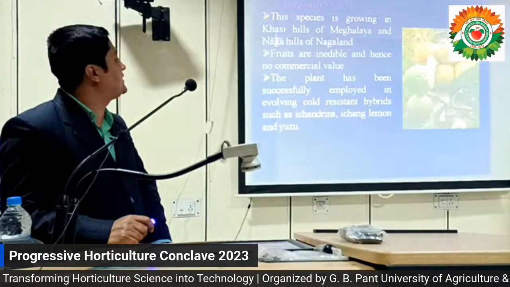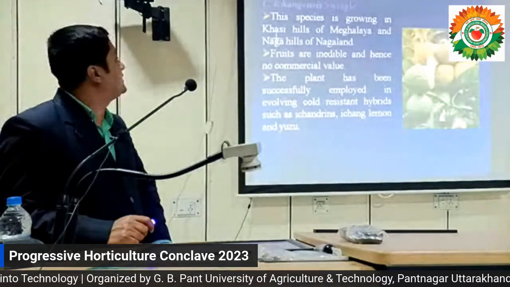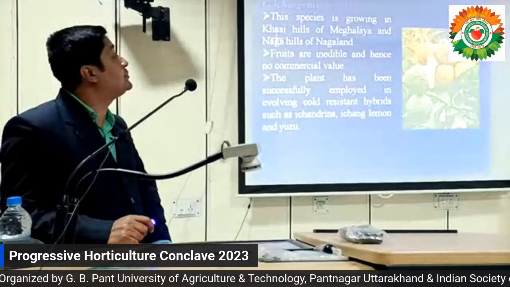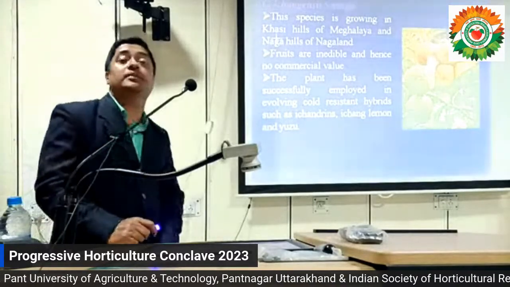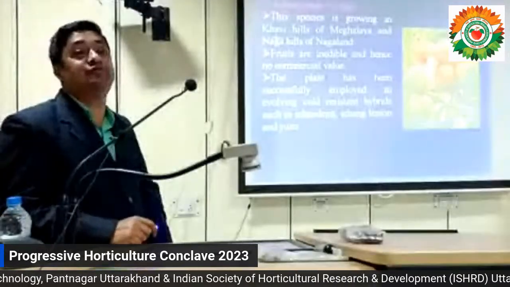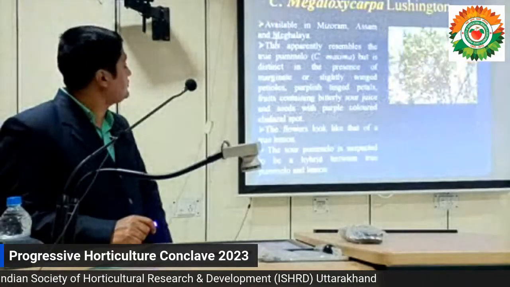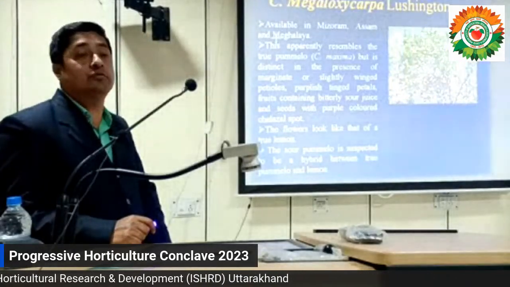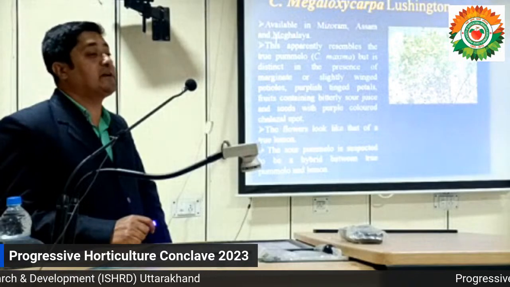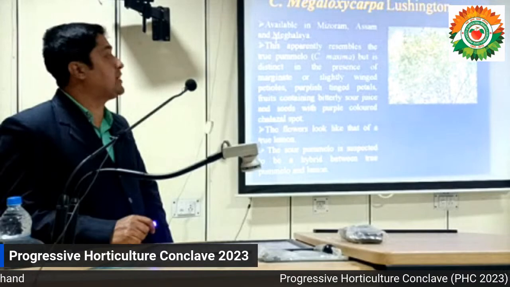Then Citrus ichangensis, locally known as Isang pepeda, which researchers recently found to be a very good rootstock having cold hardiness properties. Then Citrus macroptera, commonly known as sour pomelo, whose fruits are similar to that of the pomelo but very sour in taste.